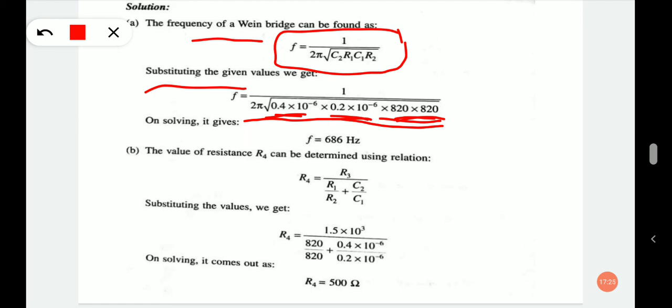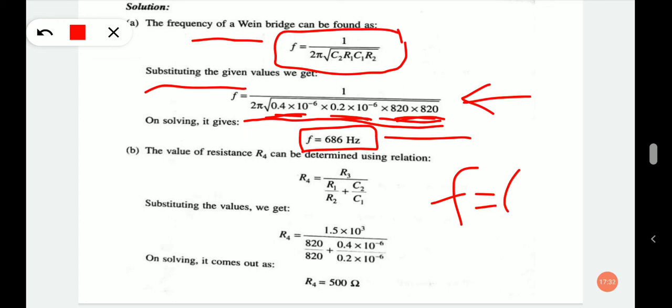After solving this equation, we will get the frequency f equals 686 hertz.